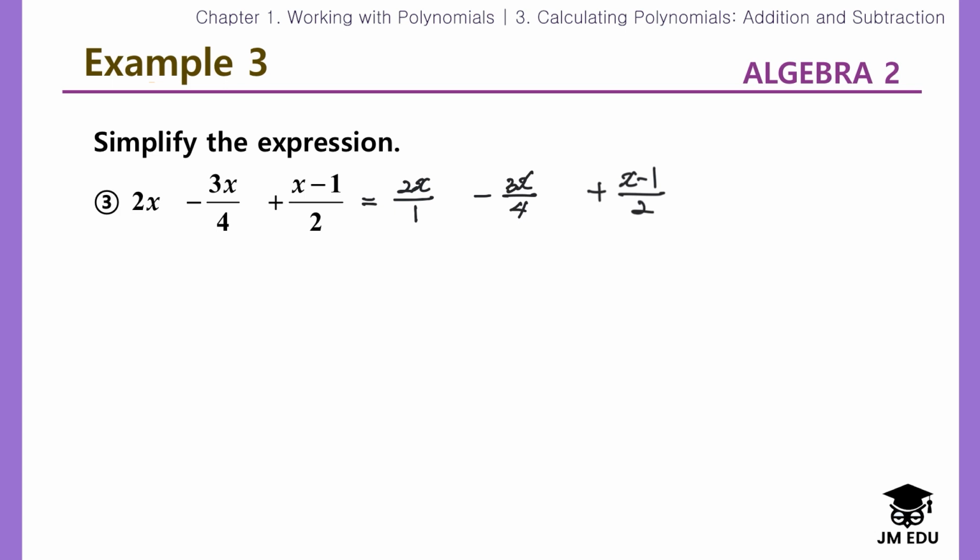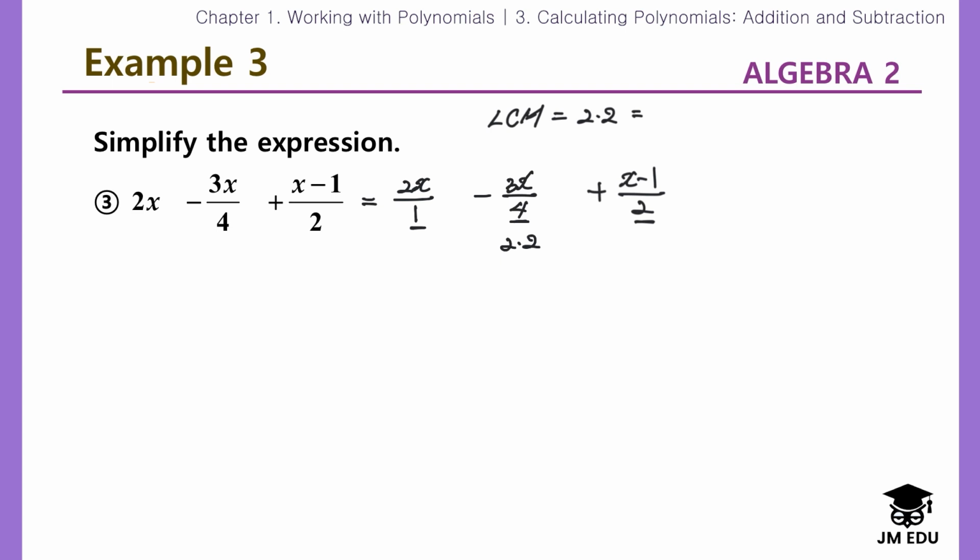Now we're going to find the common denominator, the least common multiple, right? Here, this denominator is 1, 4 is 2 times 2, and 2 is just 2. So the least common multiple must have at least two 2's, right? We don't have to worry about the denominator 1.